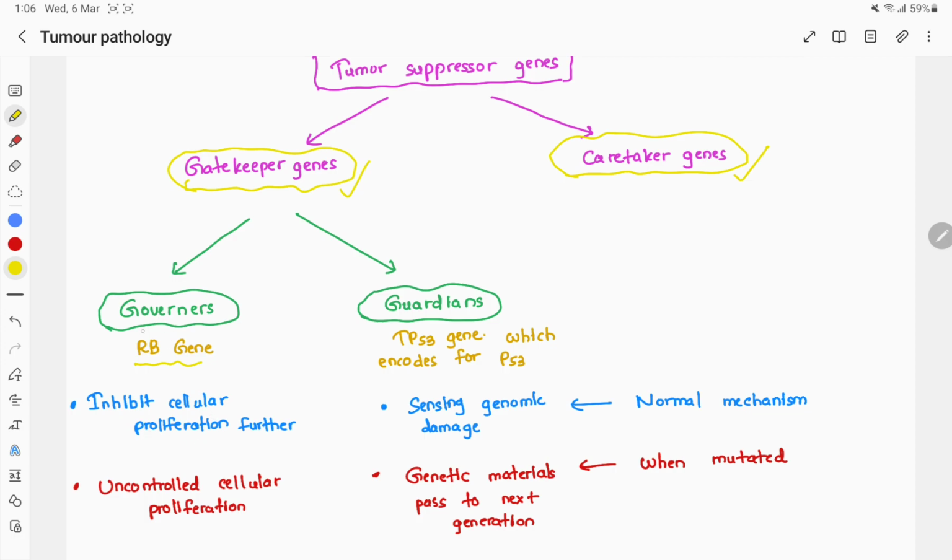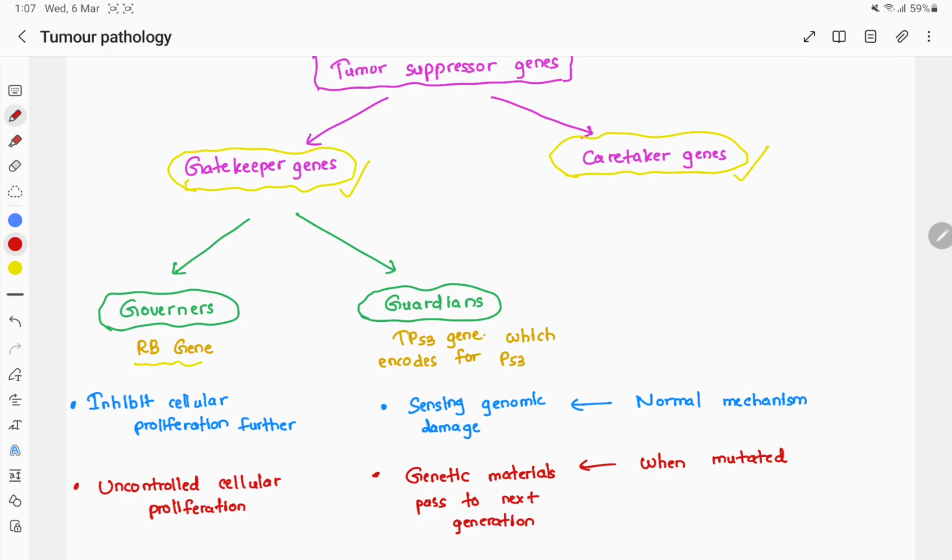So if there is a mutation in the RB gene, there can be uncontrolled cellular proliferation. The function of these guardian genes, the TP53 gene, is sensing of genomic damage. That is its normal mechanism. But if this gene is mutated, genetic material can be passed to the next generation as well.